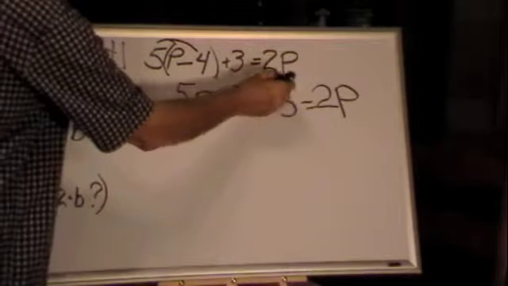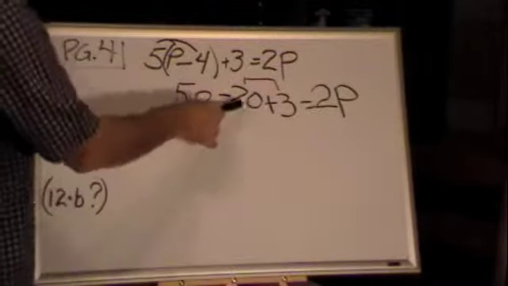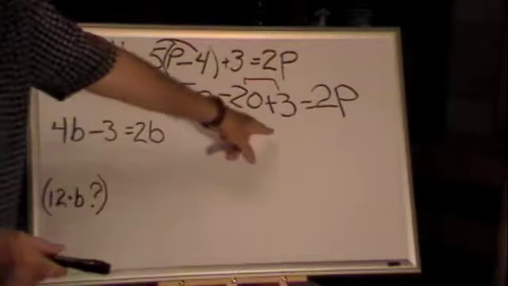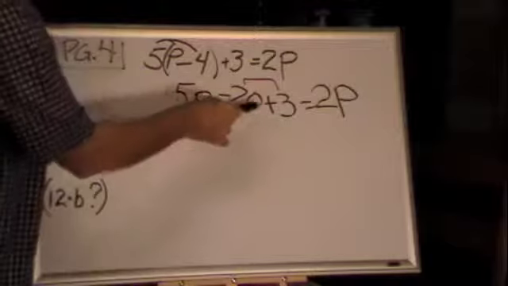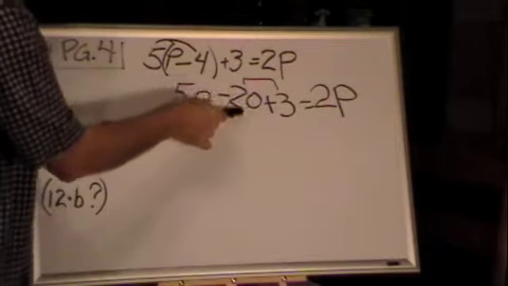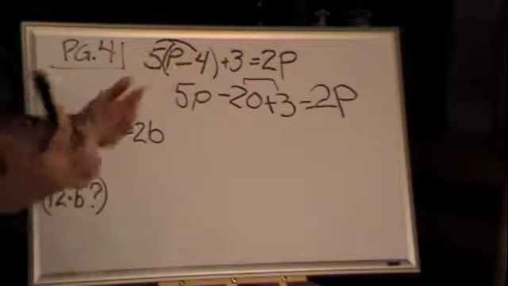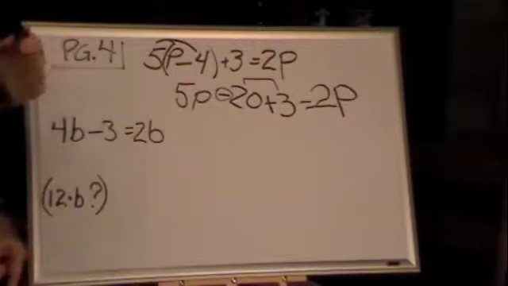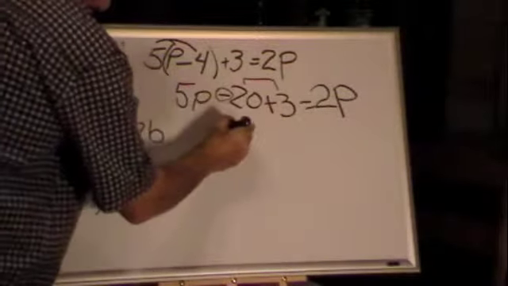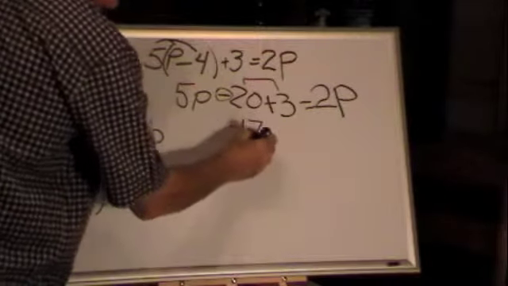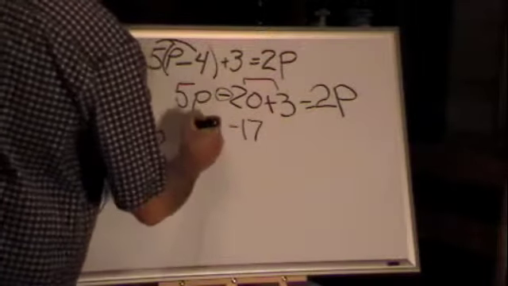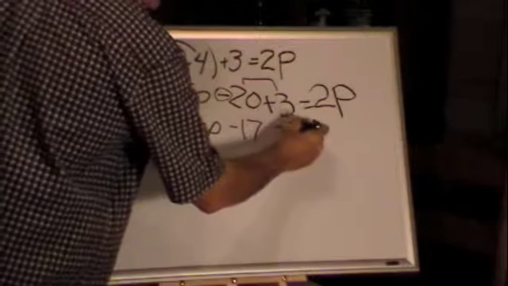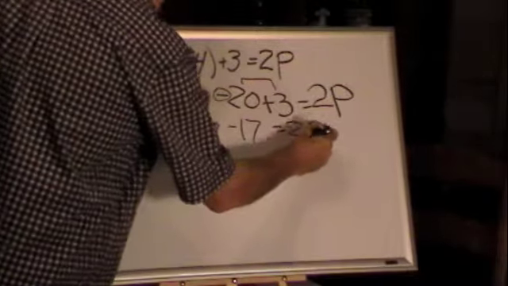Right here, you got 2 numbers. Connect them. Negative 20 and a plus 3. You've got 2 different signs. Subtract the small one from the large one, which makes 20 minus 3 is 17. Keep the sign of the large one. That's the rule. Do you remember that? The net is you have a minus 17. What you have is 5p right there minus 17 equals 2 times p.